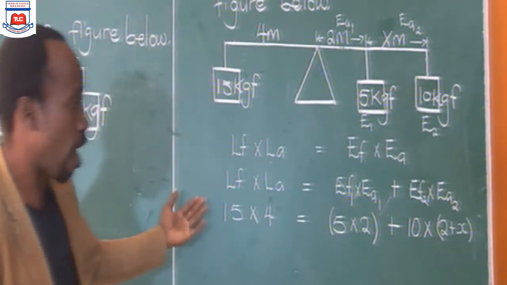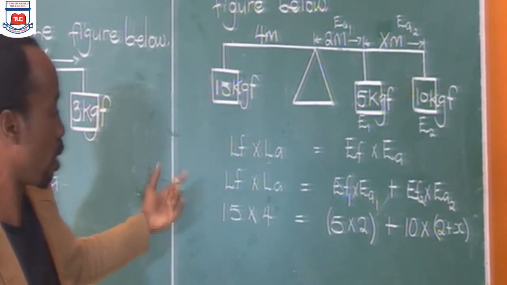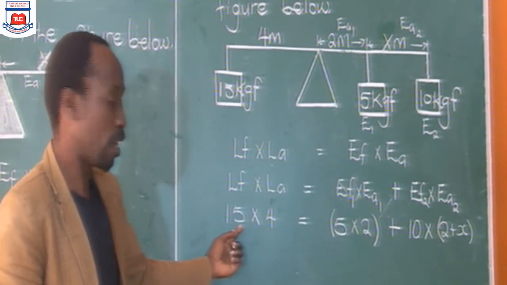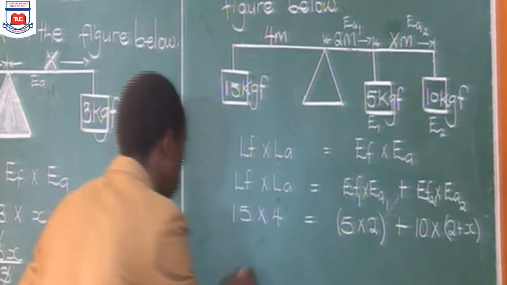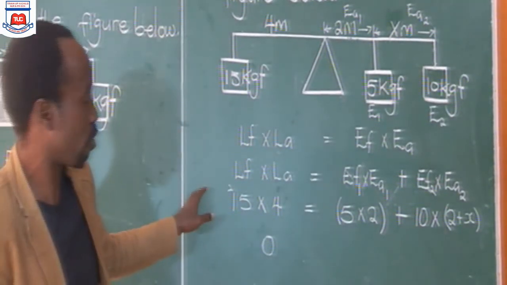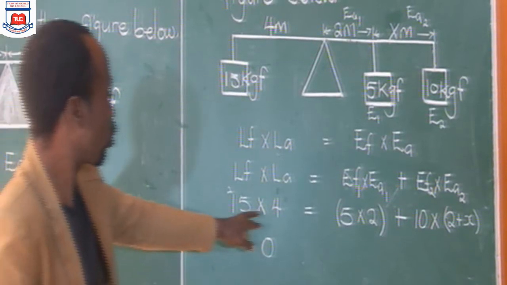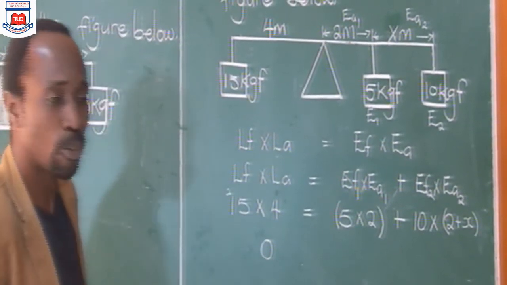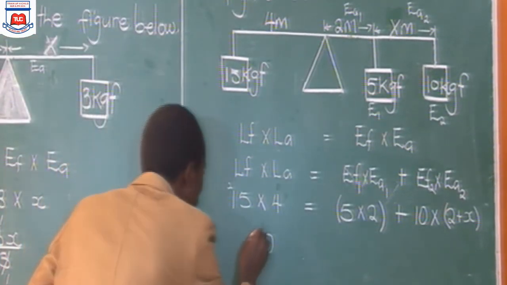You can multiply using your side work: 15 times 4, 5 times 4, that is 20. You write your 0, remember to carry a 1. This is side work. You have to do side work. So 4 times 1 is 4, then plus the 2, that is 6.